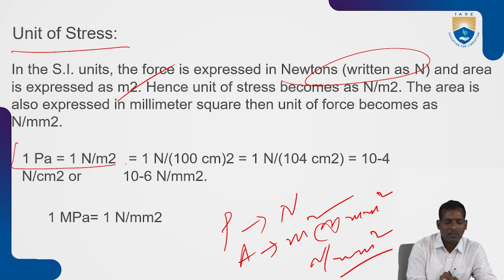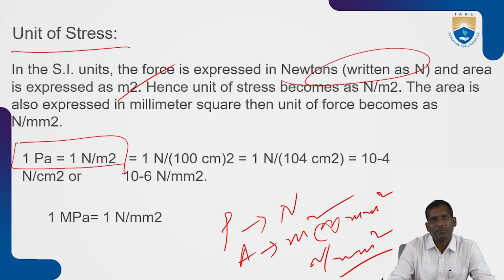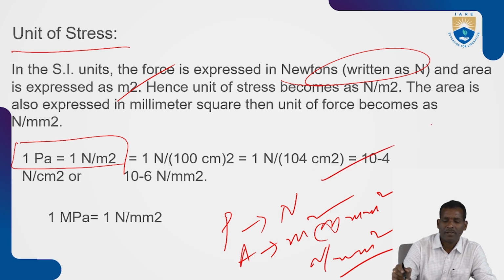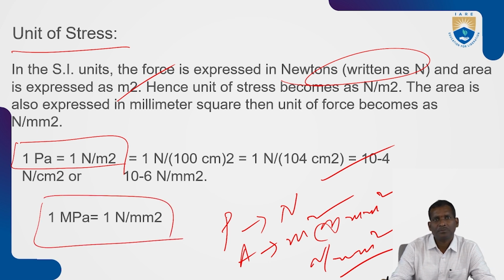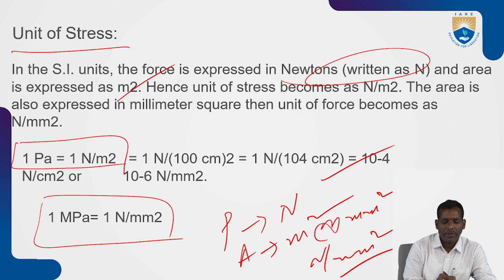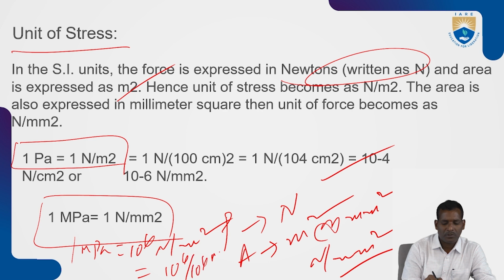1 Pascal is equal to 1 Newton per meter square. You can write in terms of centimeter square, 10 to the power minus 4 Newton per centimeter square. 1 megapascal is equal to 1 Newton per mm square. So 1 megapascal is equal to 10 to the power of 6 Newton per meter square. Convert into mm: 10 to the power 6 by 10 to the power 6 Newton per mm square.